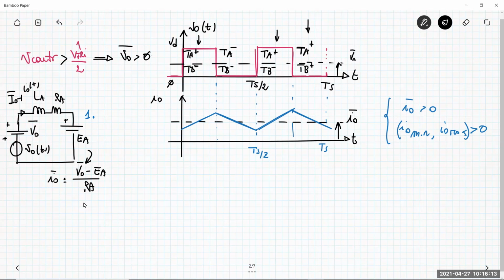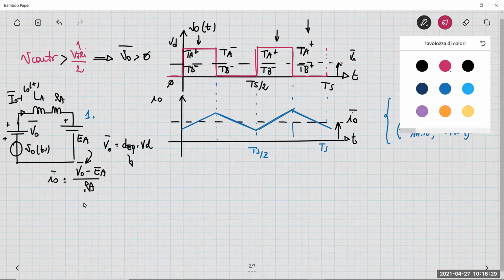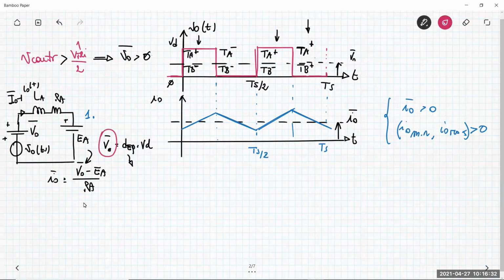So depending on the duty cycle, remember, V naught is that equivalent duty cycle multiplied by VD, and this equivalent duty cycle can be positive or negative. And so I can modulate this value in order to have an average current that can be positive or negative. In order to do that, the back EMF should be positive.